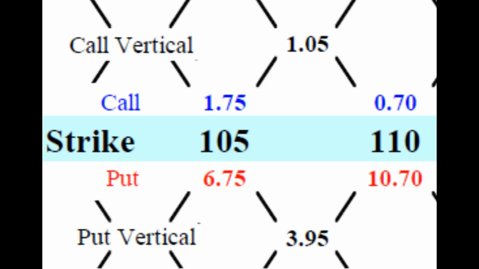If I asked you after investing that 105, if all the time went by and the options did what they do over time by expiration and we're still at 100, what would your profit and loss be? What would your answer be? Type it in there. You long the call spread, you bought the 105s for 175, you shorted the 110s at 70, you've paid 105.